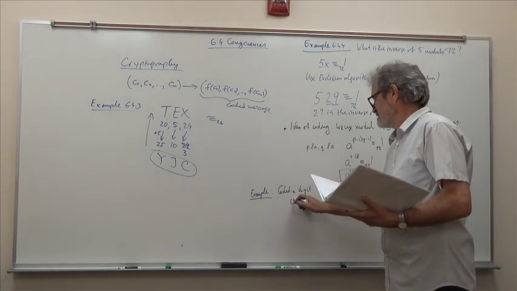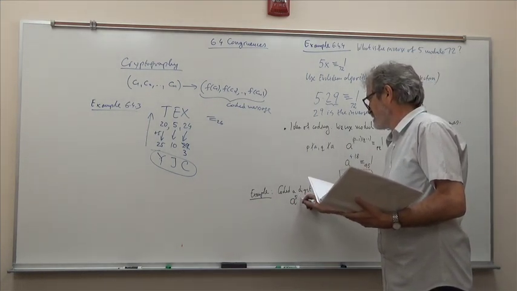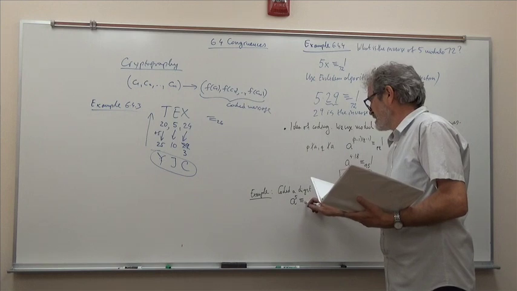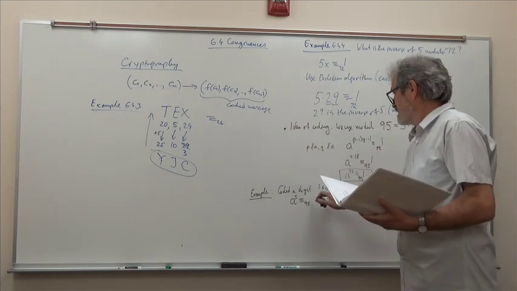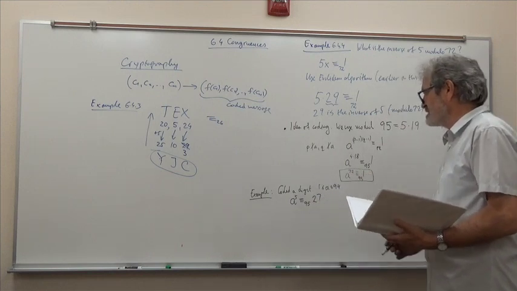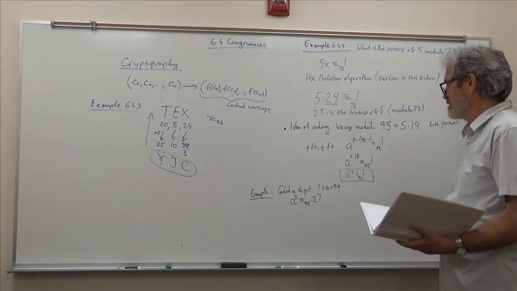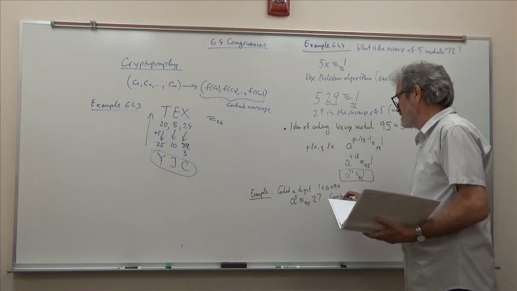So that person did a to the 5th, reduced modulo 95, like we did in the Caesar cipher, and got the result 27. So 27 is the coded version of a. My question is, can we break the code?